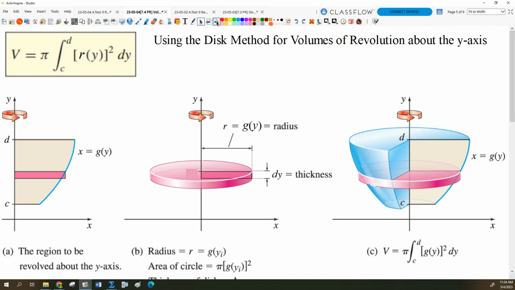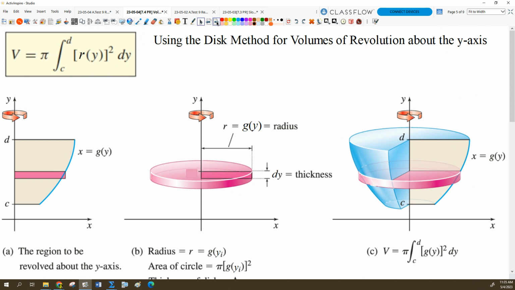Now we can also revolve these around the y-axis. What does this mean then? Well, that's no big deal. Like we can do all the calculus we've done with areas under curves. We could do those sideways too. Only instead of having functions of x, we would just have functions of y, right?